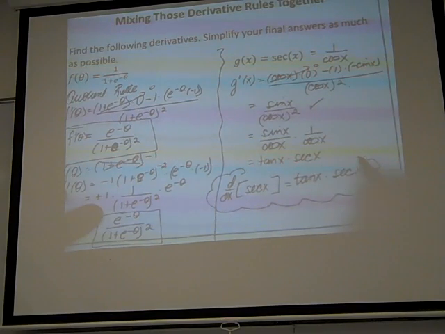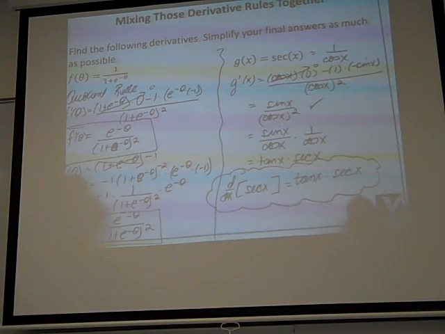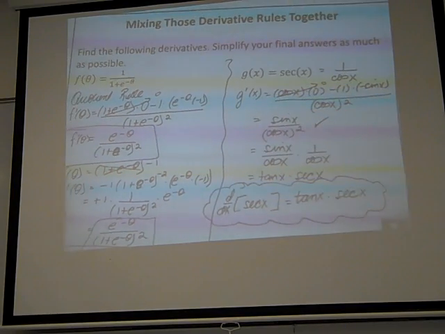For those of you good at memorizing, there's another one. You could go through and develop your derivative for cosecant, for tangent, for cotangent. You can do this for all of them if you remember those reciprocal identities. All right, moving on.